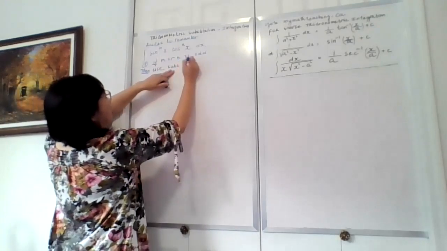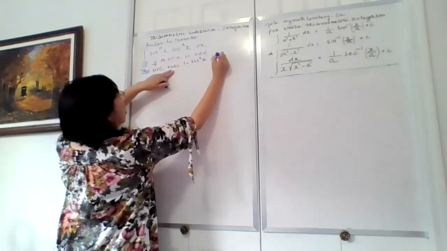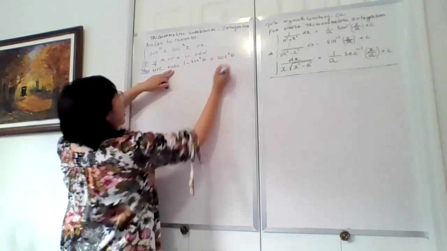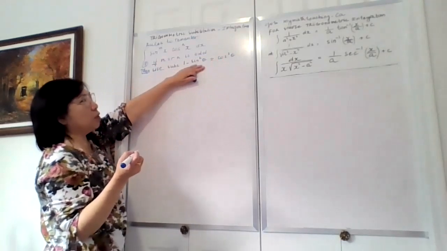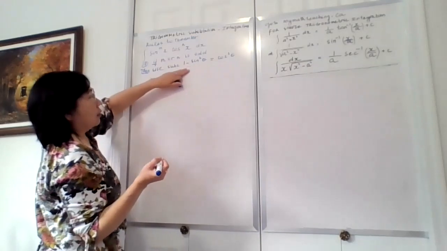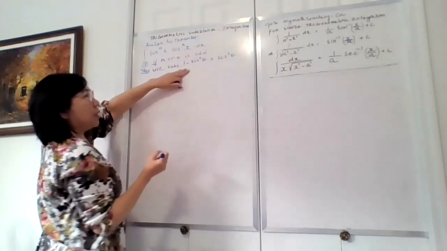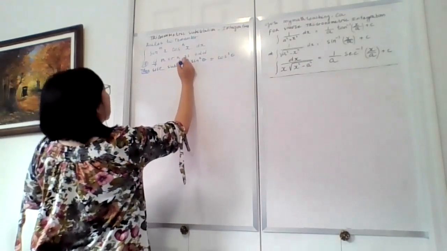Substitution: 1 minus sine square theta equals cos square theta. So we use this first trigonometric identity. Everybody knows about that: sine square x plus cos square x equals 1. So we rearrange the equation to get this. That's how it looks.